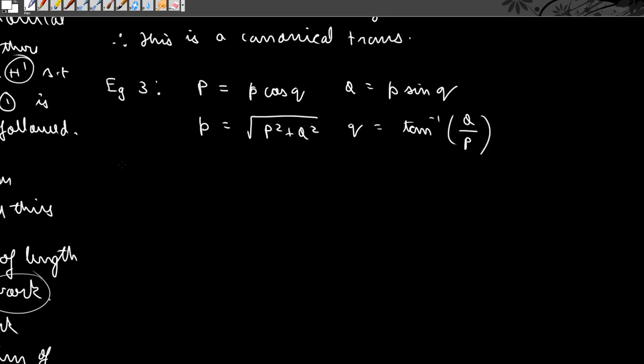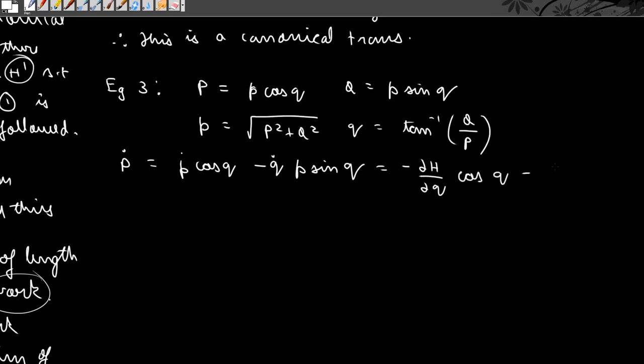Then here our p dot is going to be P dot cos Q minus Q dot P sin Q. This is by just using the basic differentiation rule, the product rule, which becomes equal to, using Hamilton's relation, minus ∂H/∂Q times cos Q minus ∂H/∂P times sin Q.